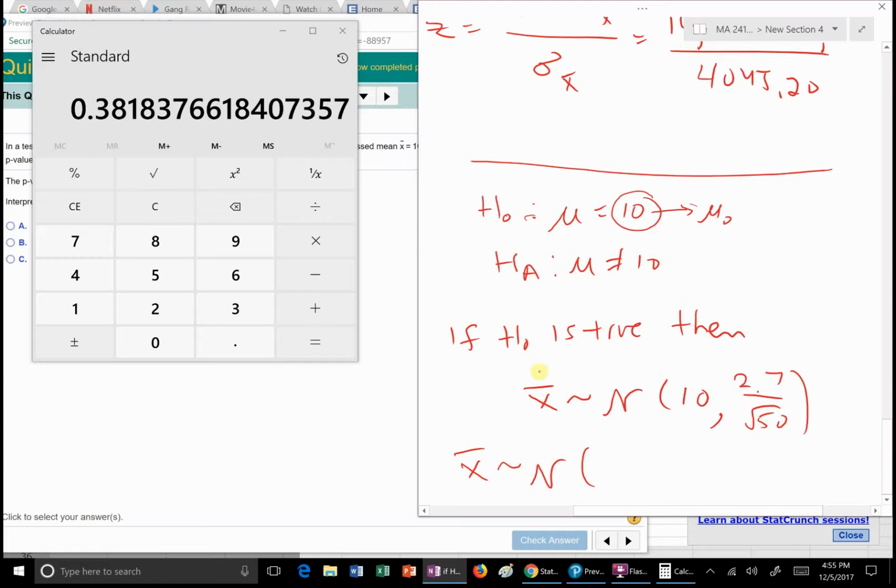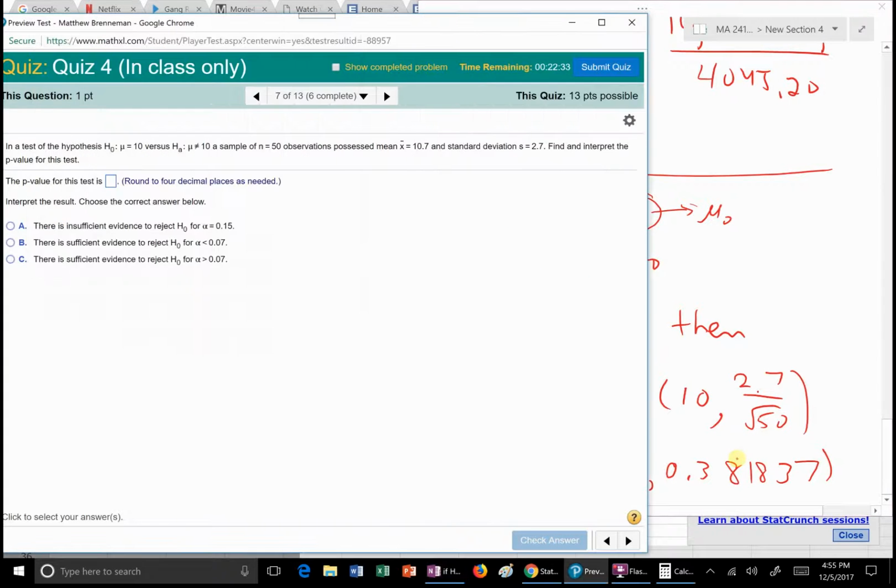We know that since we're supposing the null hypothesis is true, the mean is the same under the null, 10, and the standard deviation is going to be 0.381837. And I'm just being on the safe side by putting a lot of decimal points in, okay? All right, so now we can answer some questions.